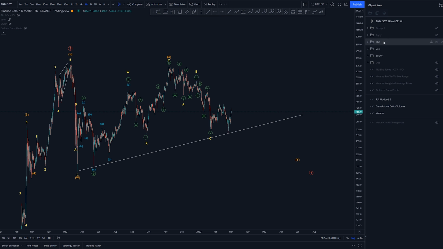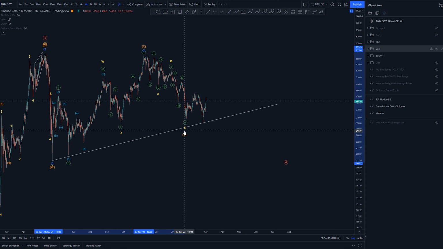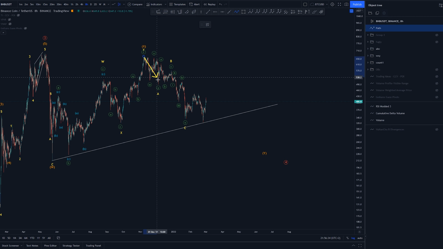Now we got this ABC count, and as this is a Y, we need 3 waves. So either, oh well, I've marked C there, but as it's not even close to 618 here, and it's coming lower, even lower here, that indicates that this is a move downwards, even more so than currently.